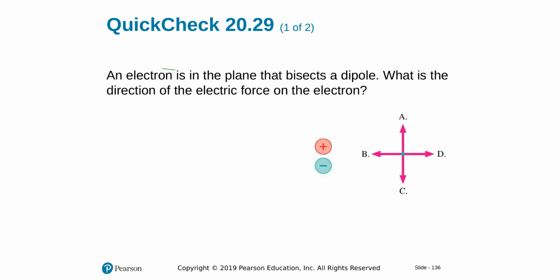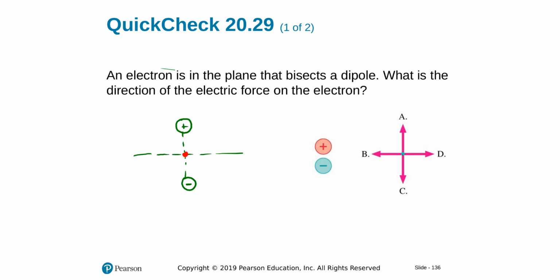An electron is in another example here. We have an electron in here. What is the direction of the electric force on the electron? I'm going to actually draw these a bit more separate to discuss this, plus, minus. And I'm putting an electron right in the middle here.